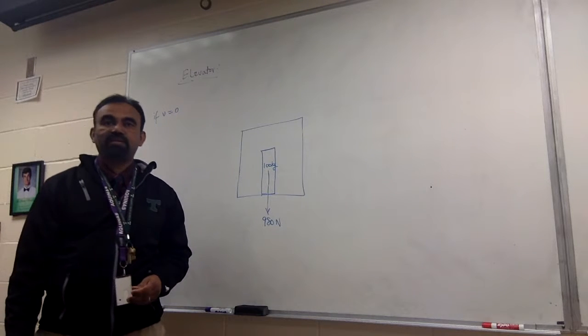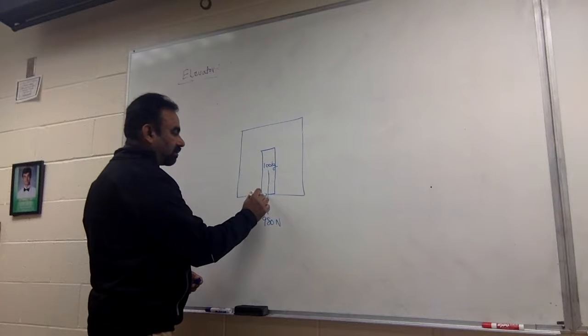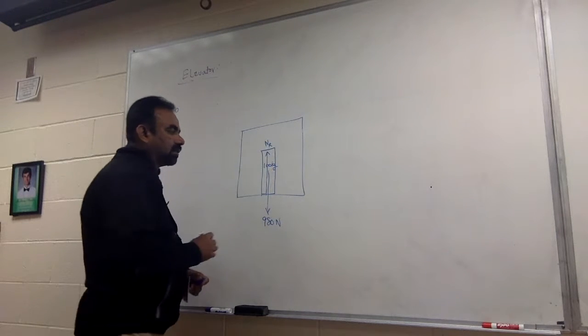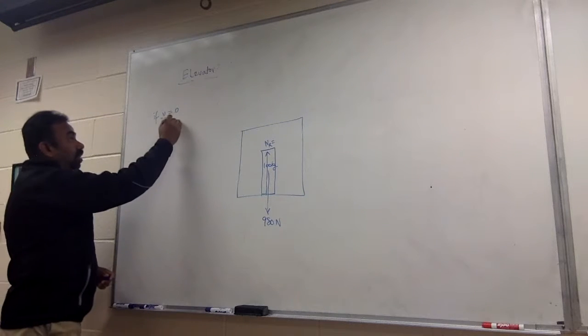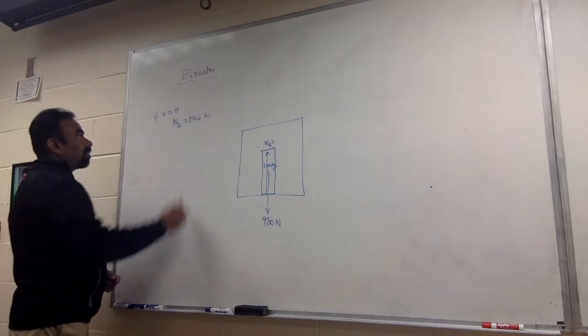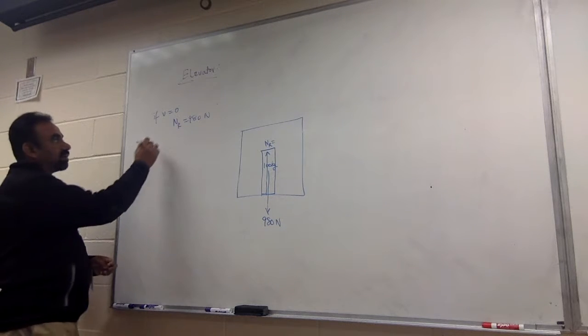What is the other force acting? What do you call it? The normal reaction. And how much is that? So the normal reaction is equal to 980 newtons also if the velocity is 0, because of the same reason, first law.